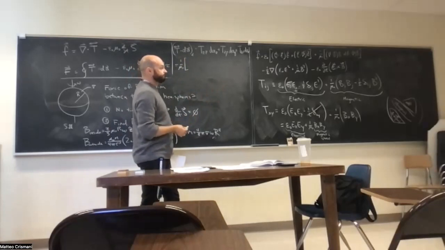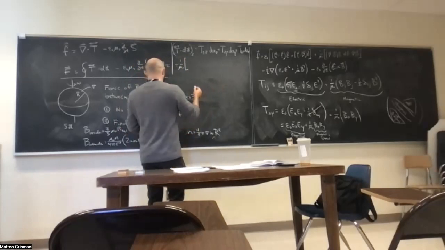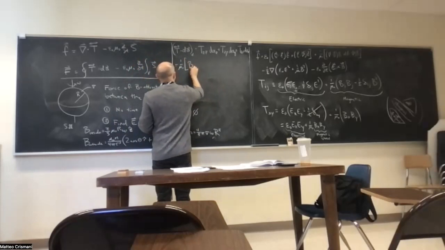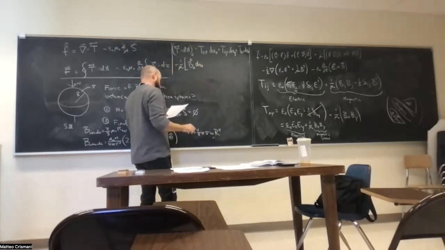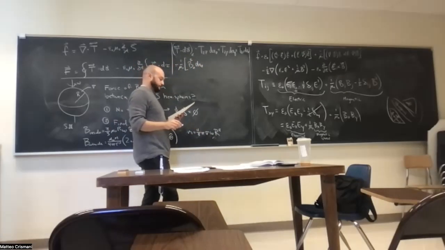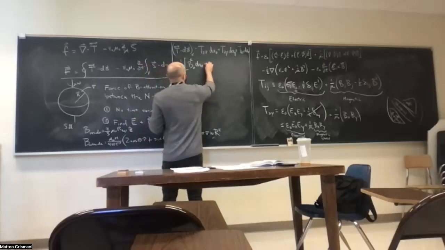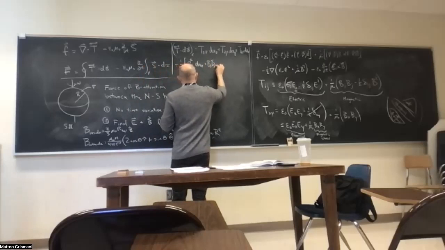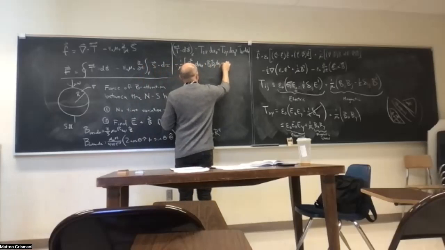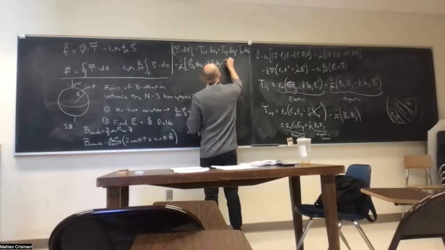T_zz, and I just want the B_z one squared. B_z squared. Plus B_zy. Oh, B_zy. B_zx.